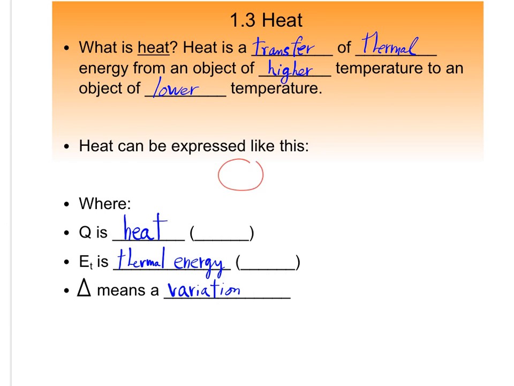We can write Q, so Q is heat, and the unit is the joule, capital J. And so we say that heat is equal to delta E_T, where delta stands for a variation and E_T is thermal energy, and here energy has the same unit again, joules. So that means heat is a variation of energy. Heat is a transfer of energy.